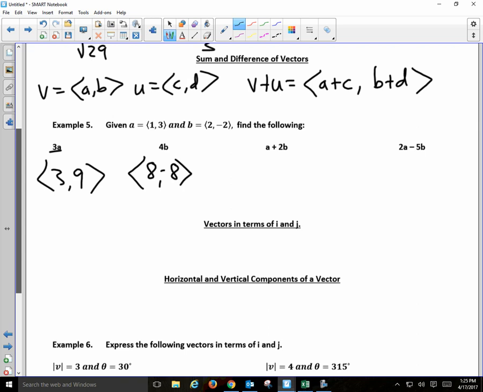So how would I do A plus 2B? (1, 3) plus what? (4, negative 4). And what do we get? (5, negative 1).